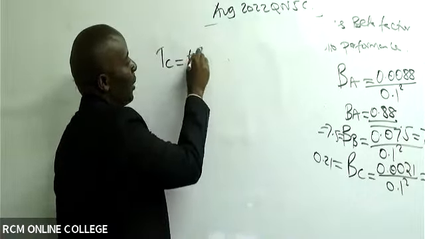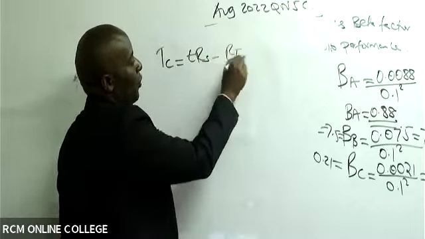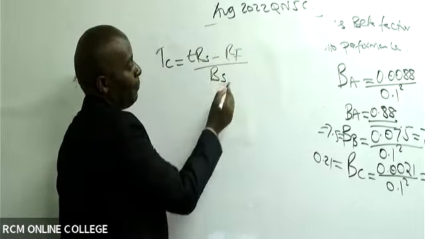We know this is the expected return of the security minus the risk-free rate over the beta factor, isn't it?